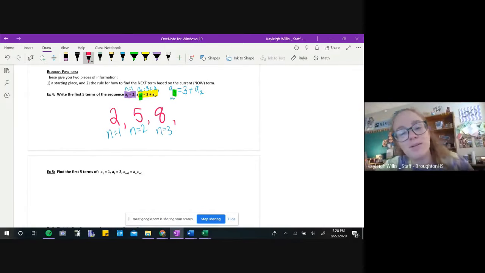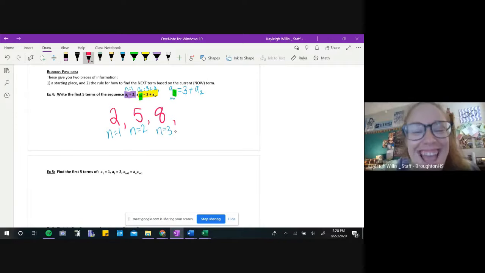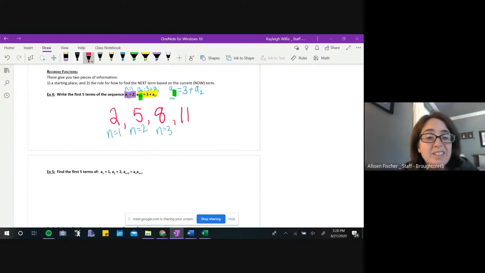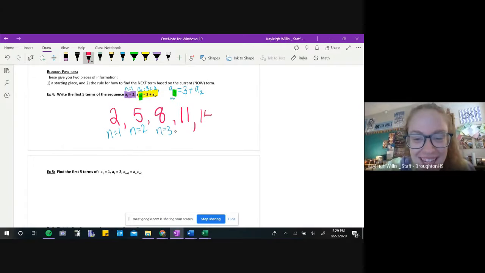You can keep going by writing out all of that, like a4 equals 3 plus, now instead of a2, it would be a3, but you might start noticing what we are adding each time. We're adding 3 like it literally says in the equation, because it literally says plus 3. So easy. Add 3 and then add 3.